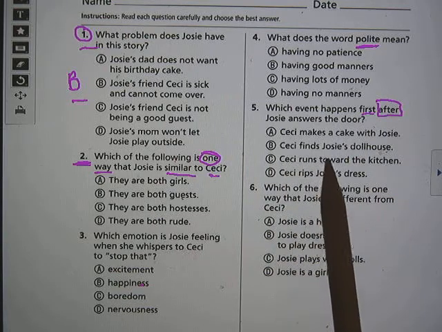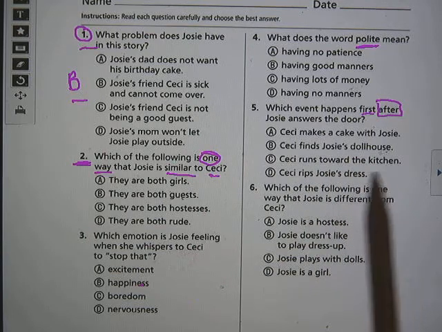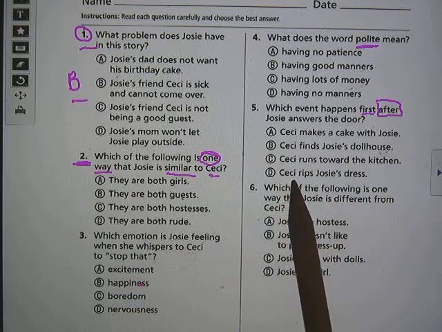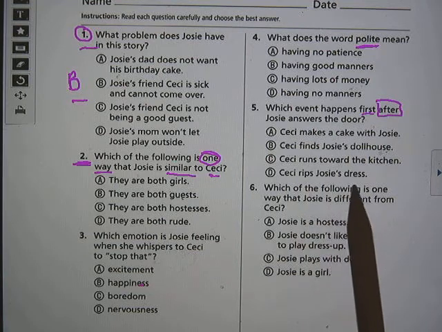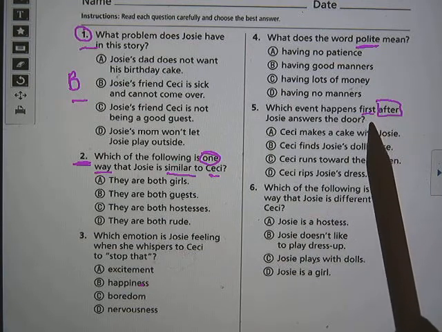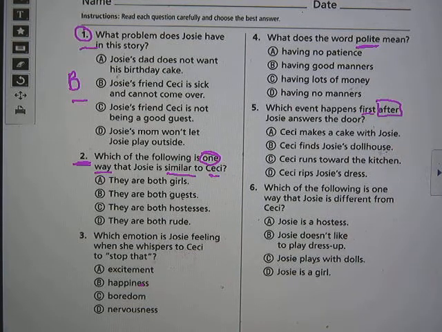B, Cece finds Josie's dollhouse. C, Cece runs toward the kitchen. Or D, Cece rips Josie's dress. So what is the first thing after Josie opens the door? Again, you're writing the number with that letter choice. Do not write it all out. I don't want you spending a lot of time on that.